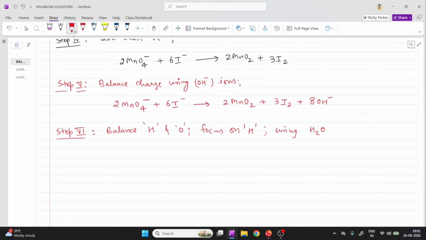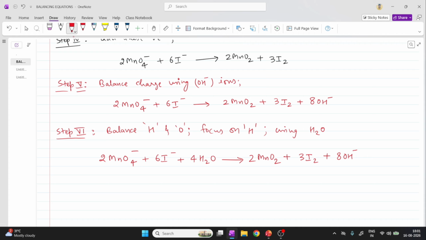So what can I do? I can write 4H2O. So this will be 2MnO4 minus plus 6I minus plus 4H2O, because now I'm balancing hydrogen. And this will be 2MnO2 plus 3I2 plus 8OH minus. Now hydrogen is balanced.